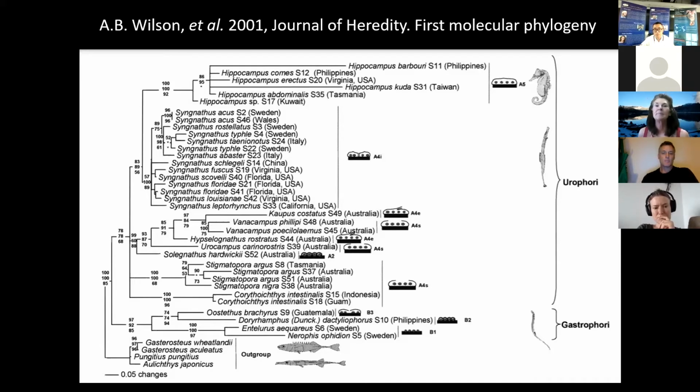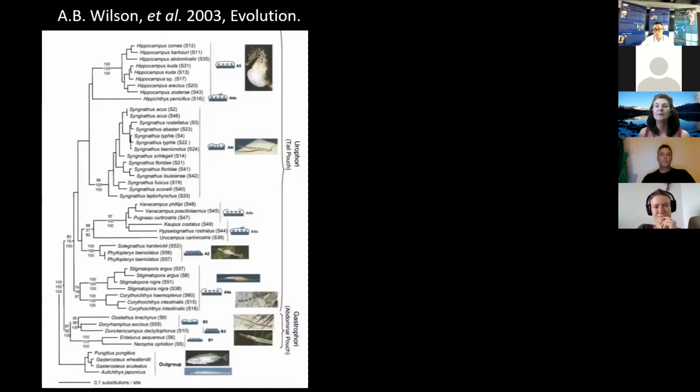Wilson, both this work in 2001 and this work in 2003 was not necessarily trying to reconstruct the full branching pattern of the syngnathid tree of life, but was very focused on brood pouch evolution, right?